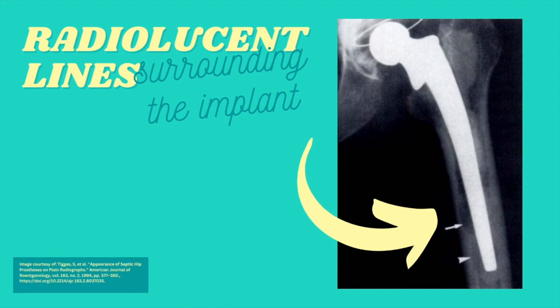Sometimes infection will be picked up on X-ray. Some of the things that you could see are loosening of the implant, which looks like radiolucent lines surrounding the implant. Sometimes you can see endosteal scalloping that can sometimes give it away. But that would be a pretty severe case.